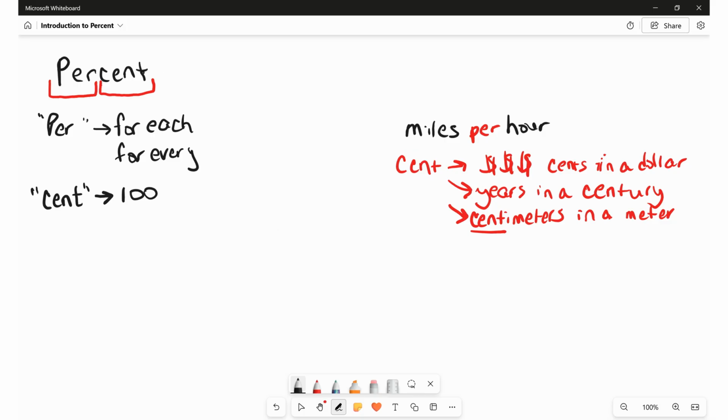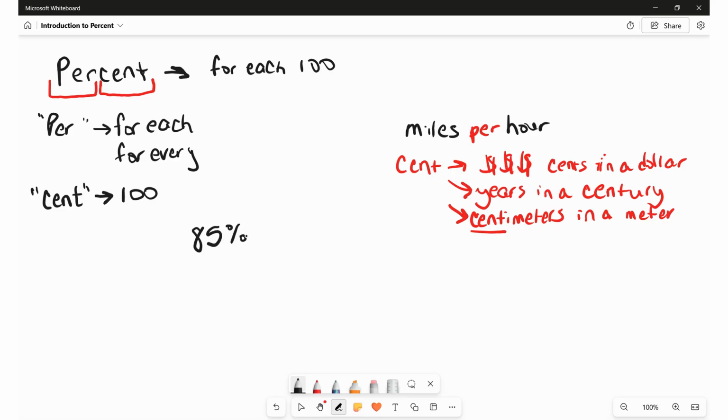So the word percent literally means for each 100.